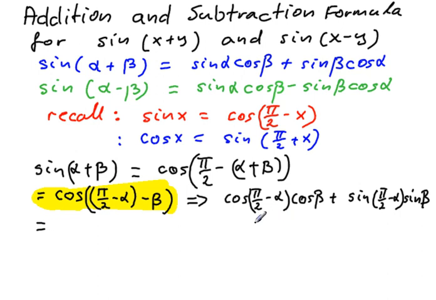Now we'll go back to this formula in red. Sine x is equal to cosine pi over 2 minus x. So since we have cosine pi over 2 minus alpha, this will be replaced with sine alpha. Sine alpha, copy cos beta, plus, conversely, sine pi over 2 minus alpha.